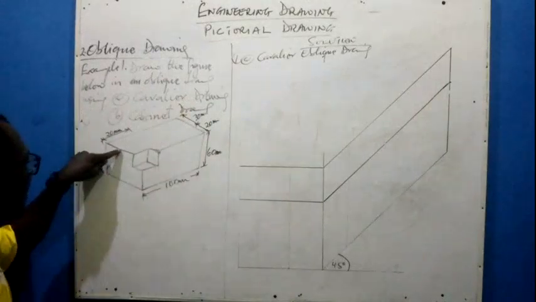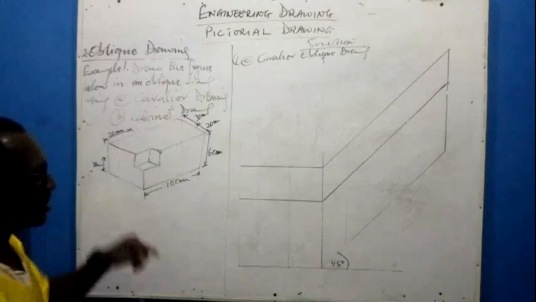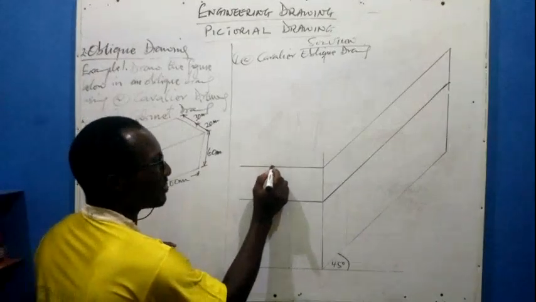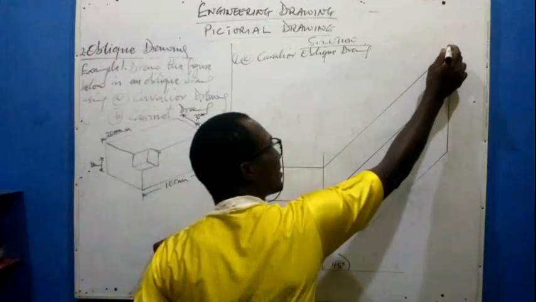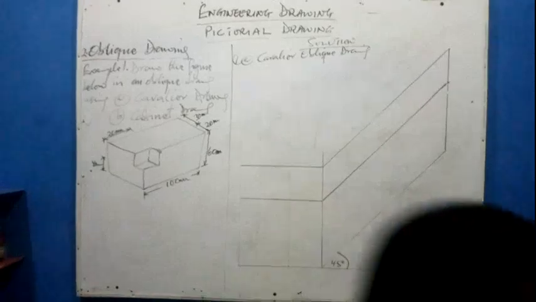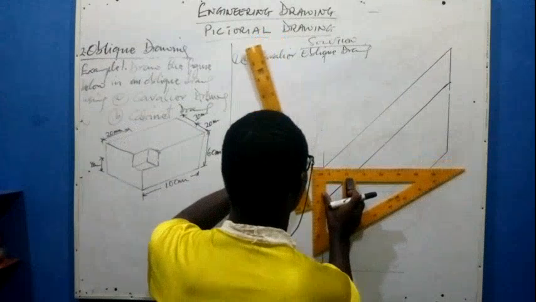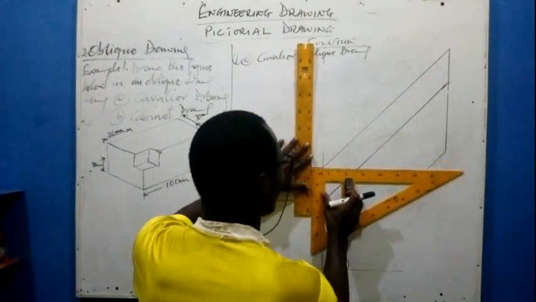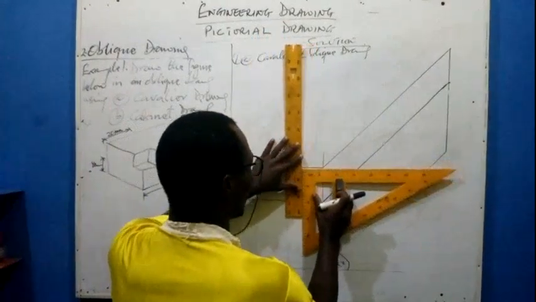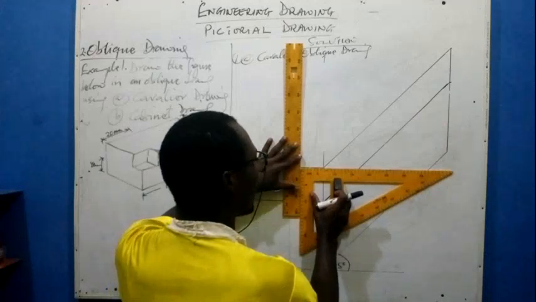Now you can see this line is parallel to here. This line is parallel to here. The angle of the 60 is parallel to this line. Then I'll place my set square exactly on the line.